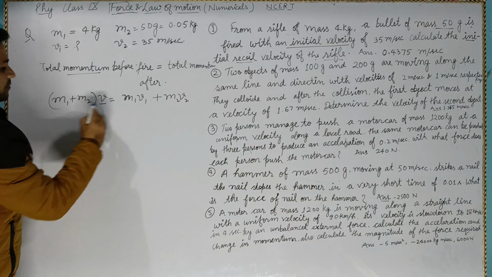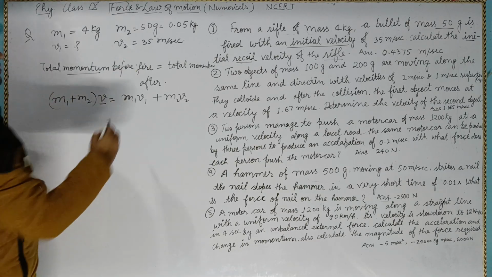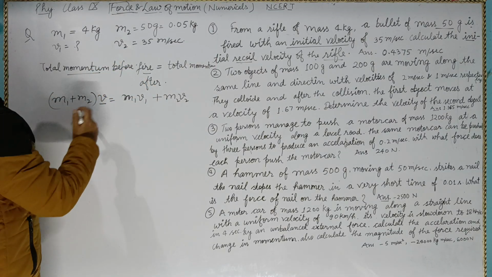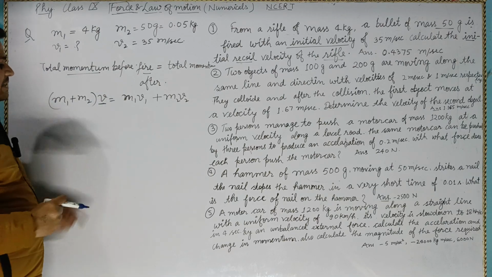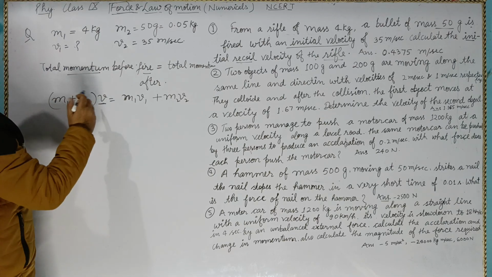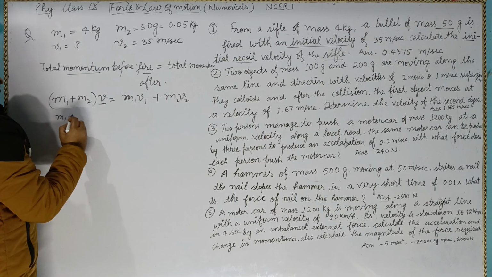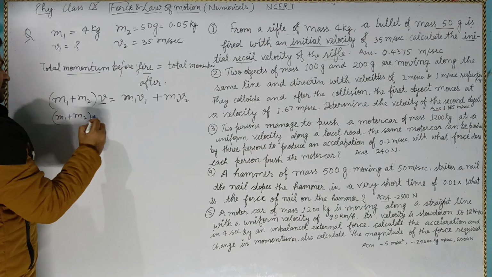Because in the rest position before the fire, the bullet and gun are at rest, the velocity will be 0. So we write (M1 plus M2) into 0.